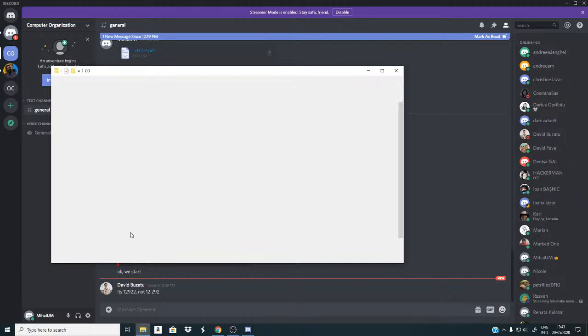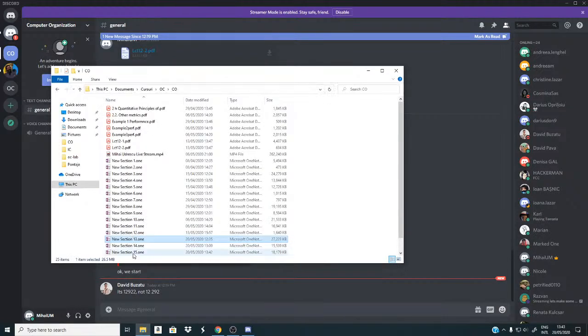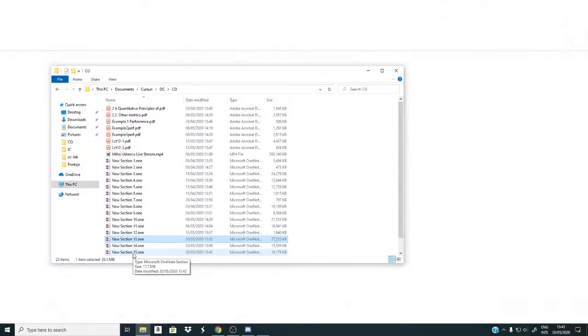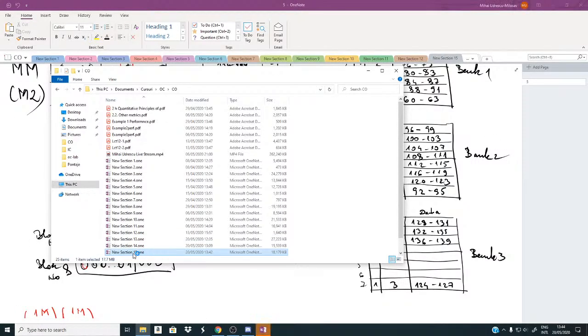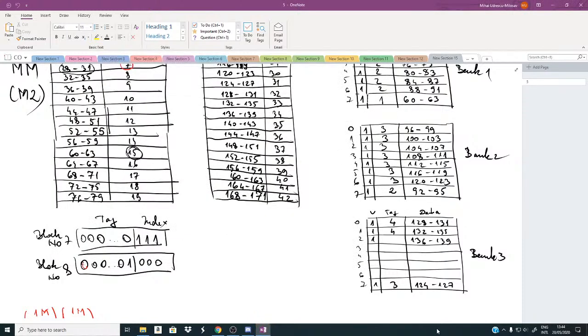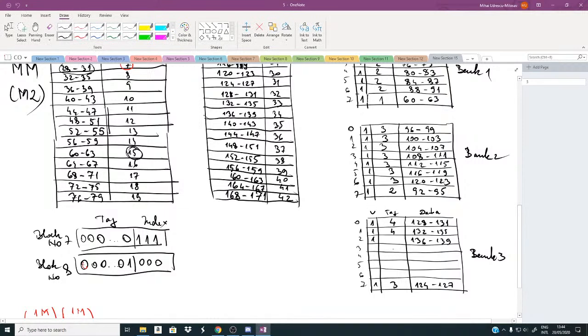I knew I shouldn't rely on such software as Microsoft. This is so stupid. Okay. Luckily, I didn't lose it again.